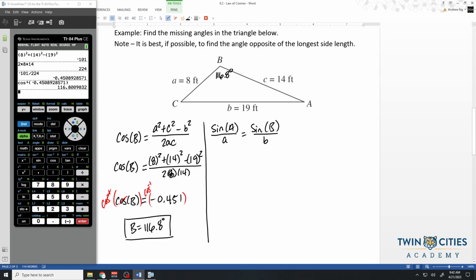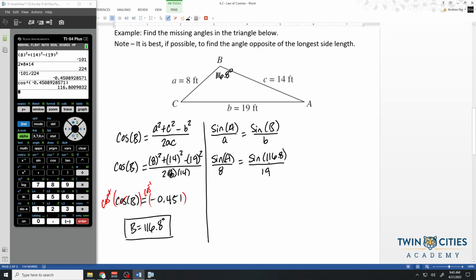So we can fill in what we know. I don't have angle A here, so this will be the sine of A over 8 is equal to the sine of, we just found B is 116.8, over 19.